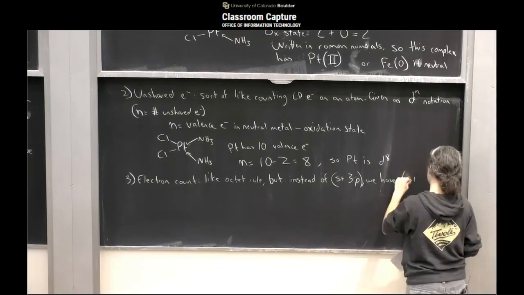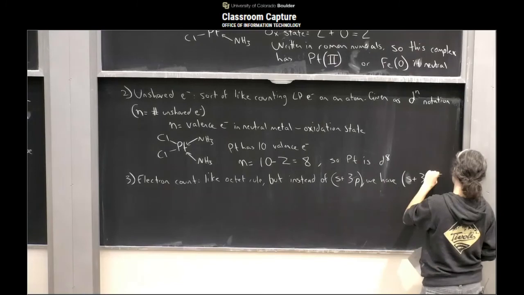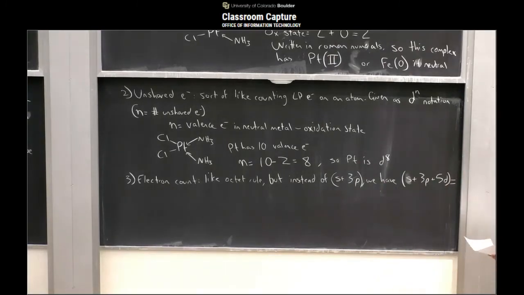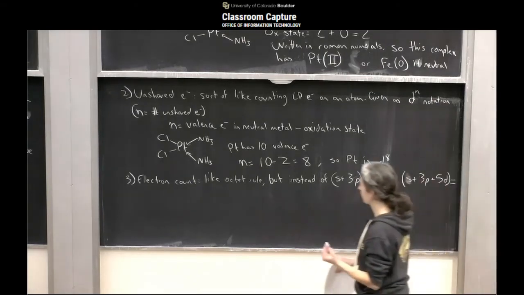So we have 1s, 3p, and 5d orbitals. So that's 9 orbitals total, so we have room for 18 electrons.